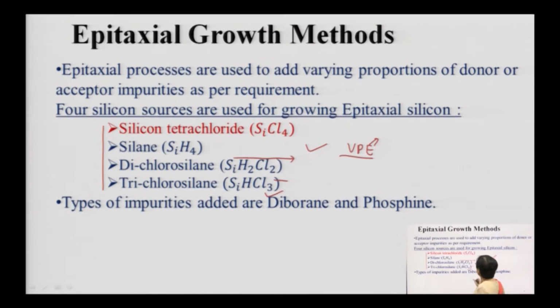Please remember, these are all chlorine related components essentially used in VPE, and therefore the byproduct produced is HCl, which is hazardous. You need to drive away that product immediately, otherwise it will have different consequences in the epitaxial growth process.